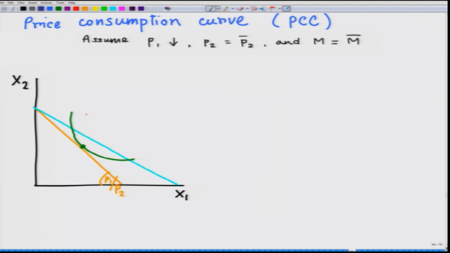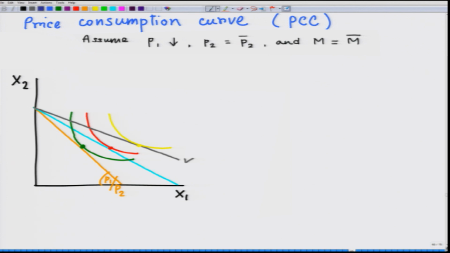Now, there will be another tangency point here, and if we assume the price falls further, then we can have more flat budget lines like this one, and then of course we can have another indifference curve and another tangency point like this.